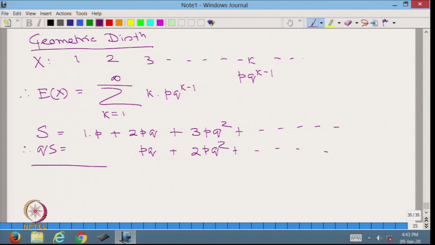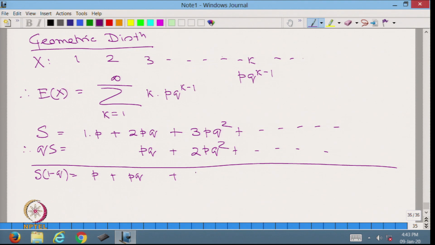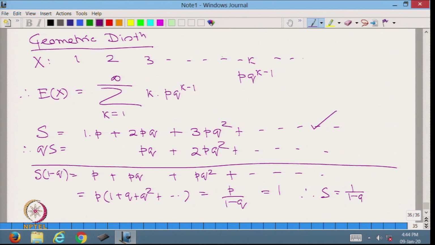If we go like that, we can see that the difference between them is S times (1 − q) = p + p q + p q squared + ..., which is equal to p times (1 + q + q squared + ...), which is equal to p over (1 − q), which is equal to 1. Therefore, S, which is the expected value of the random variable, is equal to 1 upon (1 − q), which is equal to 1 upon p.